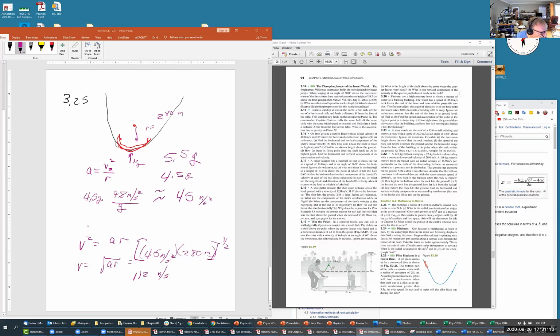Let's see. They used 5.5 Gs, which is wrong.